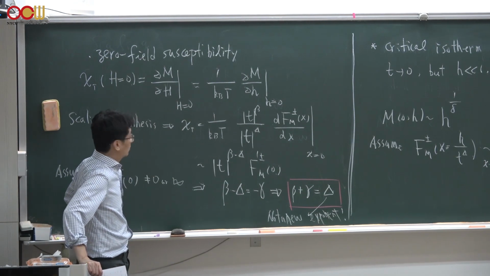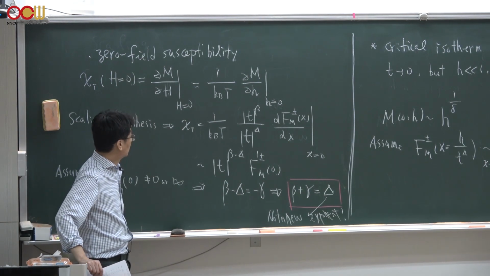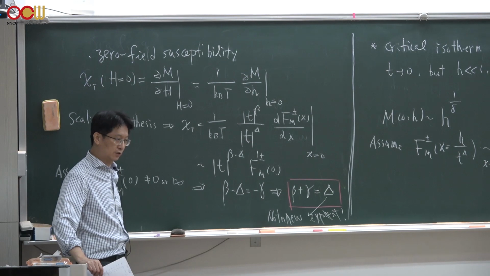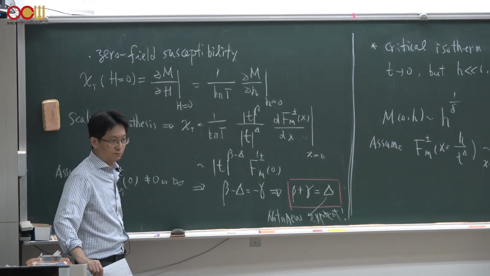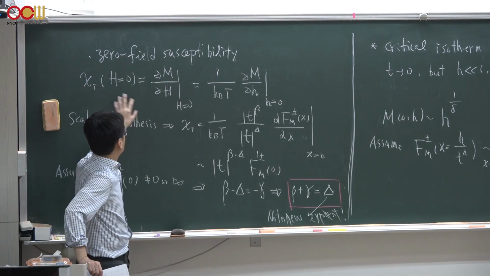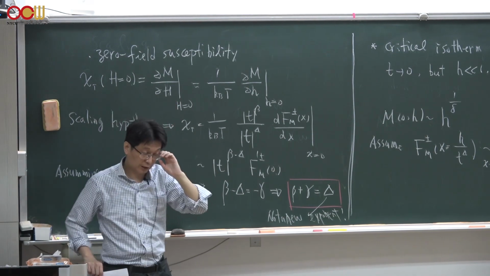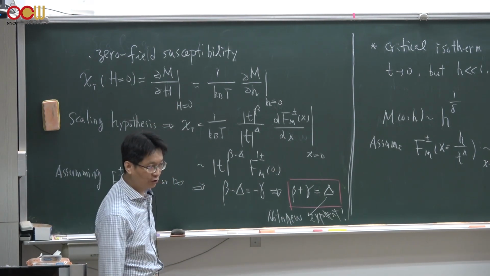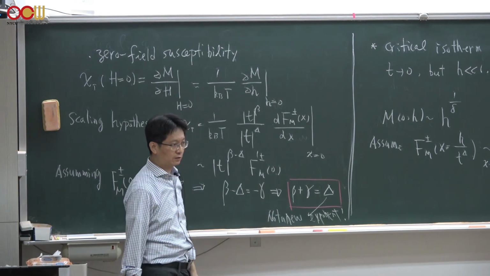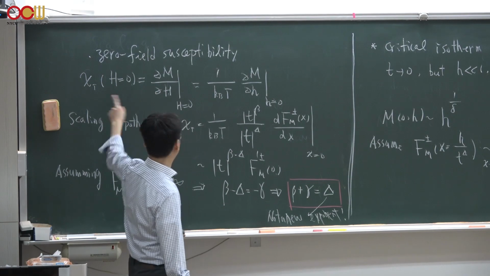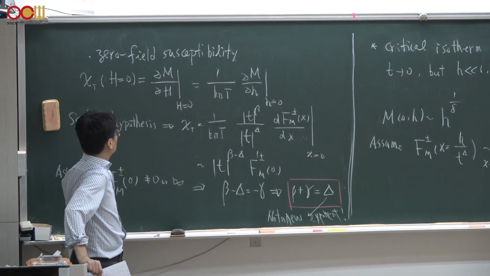The capital H refers to the external field, and the little h is the dimensionless field, which is capital H divided by kBT that we defined already. So we can follow the standard relation between the susceptibility and the magnetization: if you take the first derivative of magnetization with respect to little h divided by kBT, you get susceptibility in the zero field limit.